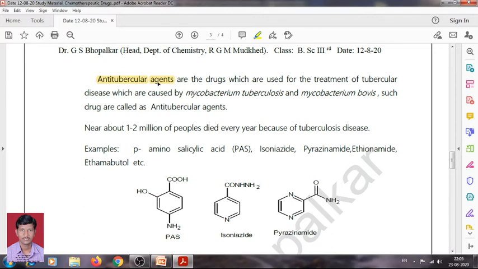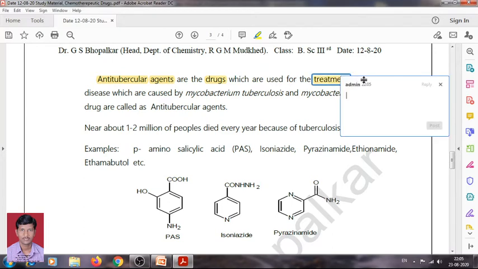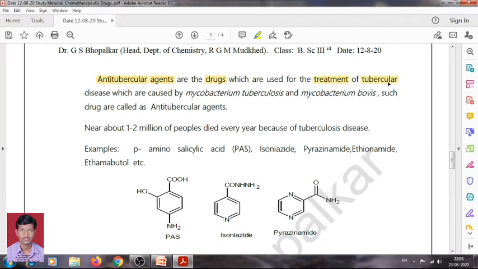The anti-tubercular drugs are those drugs which are used for the treatment of tuberculosis disease, which is caused by which bacteria? Mycobacterium tuberculosis and Mycobacterium bovis.